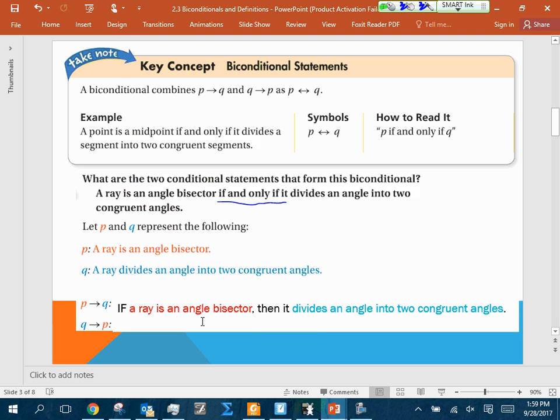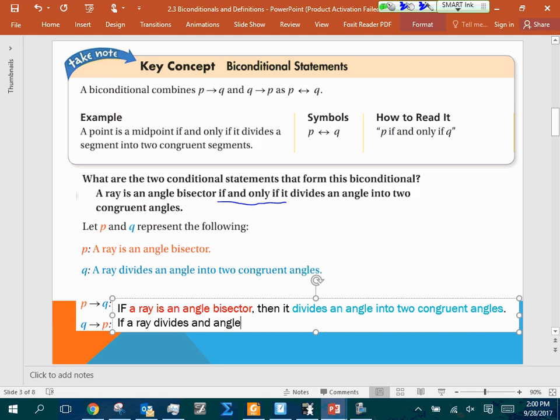We switch the hypothesis with the conclusion. So now I'm going to say if a ray divides an angle into two congruent angles, then it is an angle bisector. And because we know both of those phrases came from a biconditional, we know they're both true.